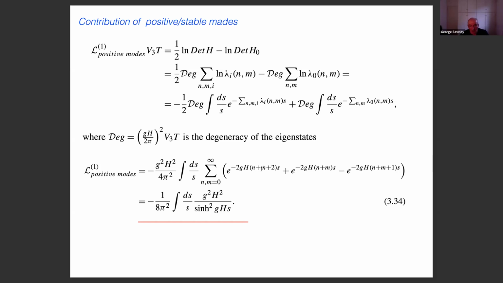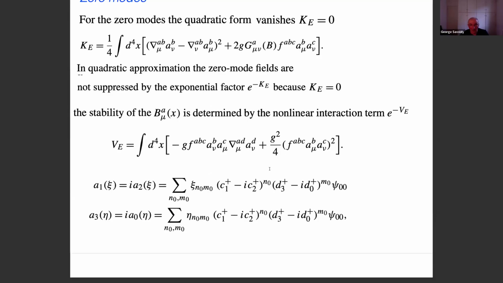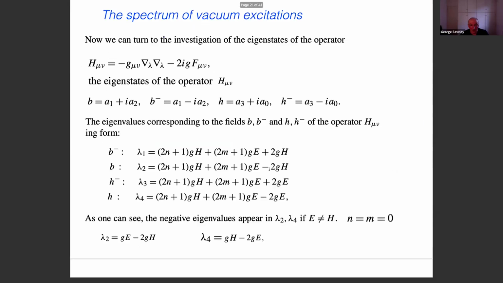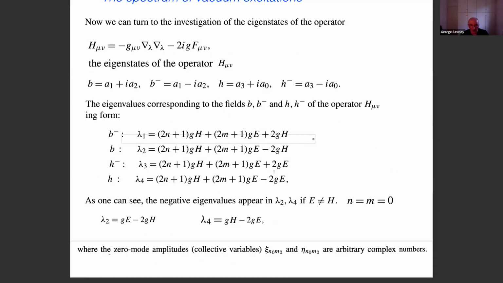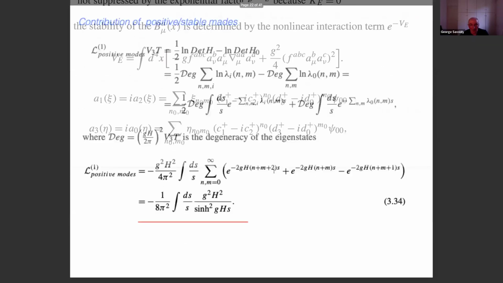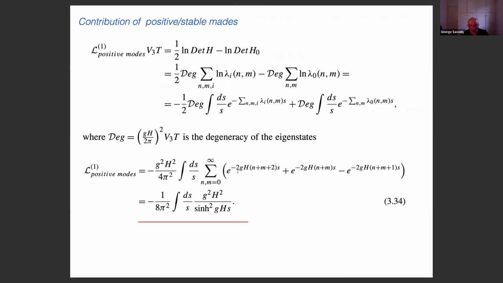You see there is n plus m plus 2, for an obvious reason, because now we take e equal to h, so it is 2n plus 2m plus 2 and so on, so easy. And so here are the eigenvalues, which are non-zero, they are positive stable eigenvalues.